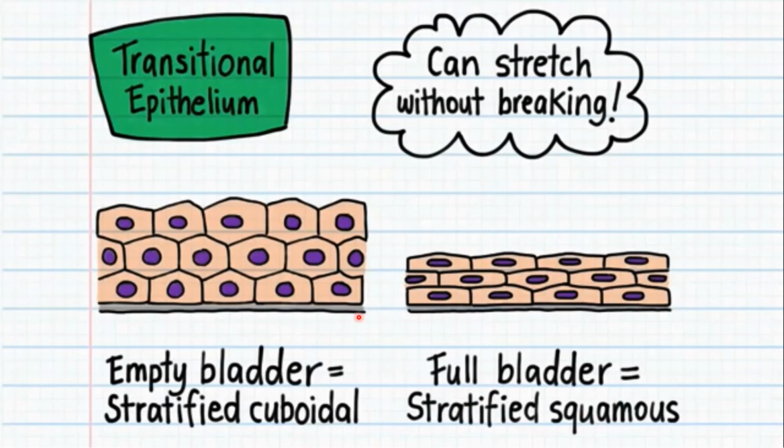Notice that the shape changes from cuboidal into a squamous shape, and this allows the bladder to stretch without breaking. Isn't this interesting? From stratified cuboidal, a transition occurs into stratified squamous. This happens in your bladder.